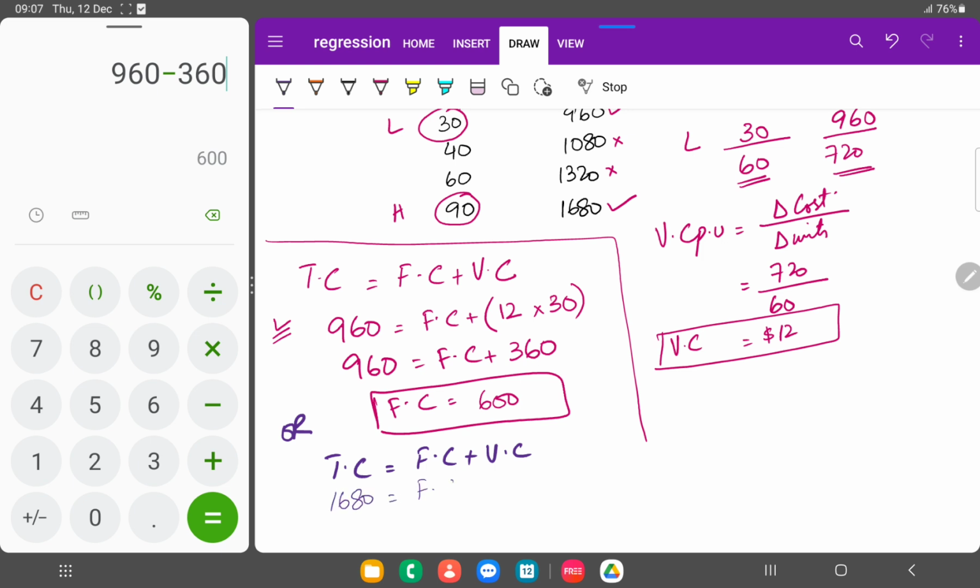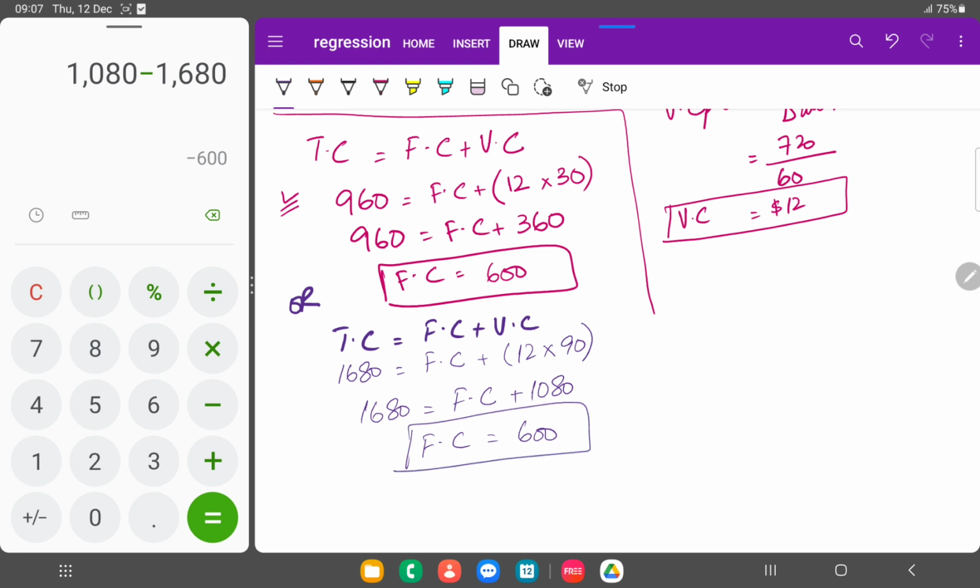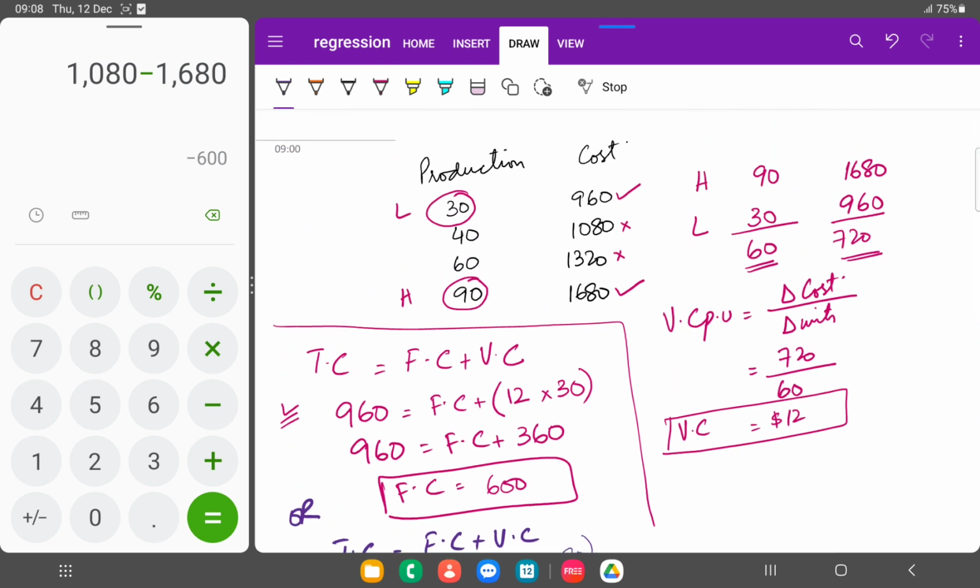Fixed cost is unknown, and variable cost will be 12 times 90, which is 1080. So out of 1680 total cost, variable cost is 1080. Deducting these two figures, the fixed cost is $600. So you can choose the highest or the lowest activity level, whatever you want, but don't choose anything in the middle tier.